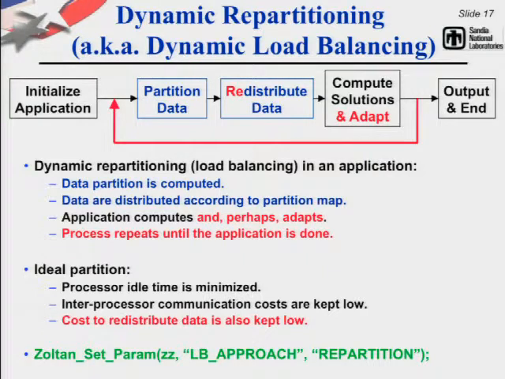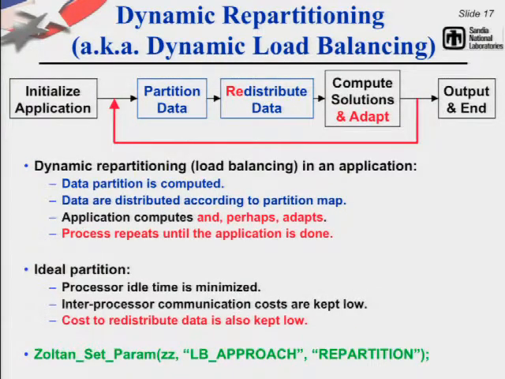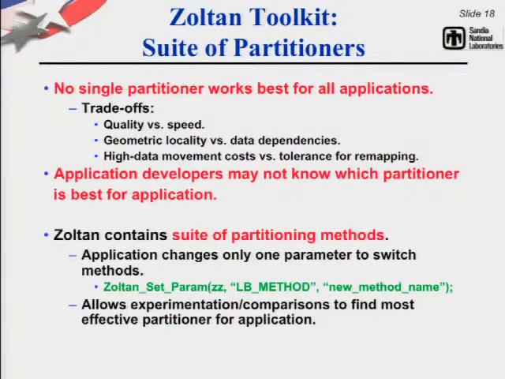So the approach is either partition or what we call a repartition, meaning that you want to do it multiple times and you want to take into account the old distribution and the new distribution. So it's very easy to switch from one to another. On the previous slide I just had partition, and if you just change that to repartition, Zoltan will solve a different problem when everything else remains the same in your user code.